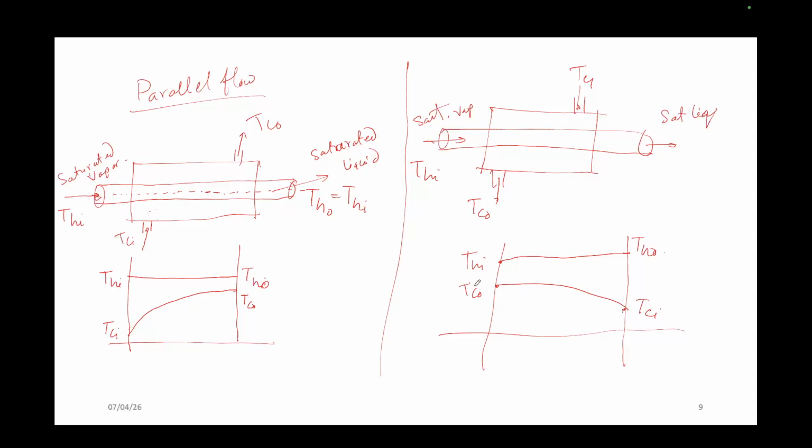Now you got to know that if TCO is greater than THI, that means at this side boiling starts. Phase change starts. That can happen only in counter flow. Why did I say in the previous case that this thing can happen?